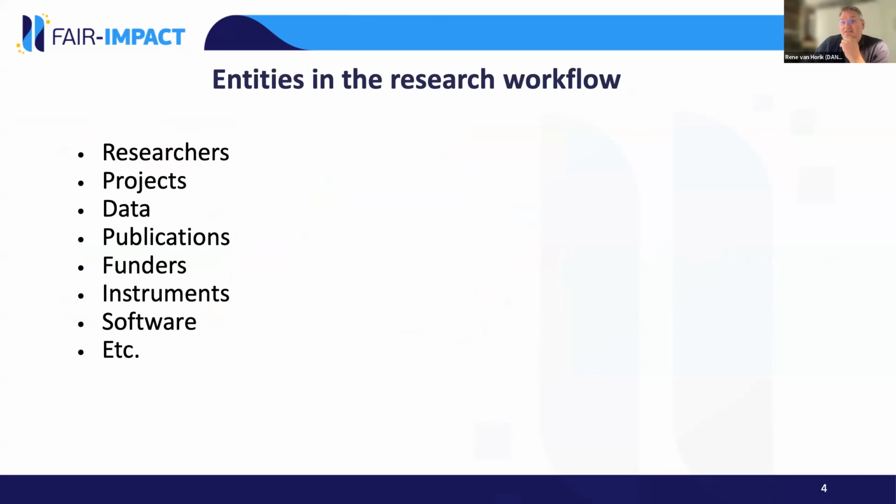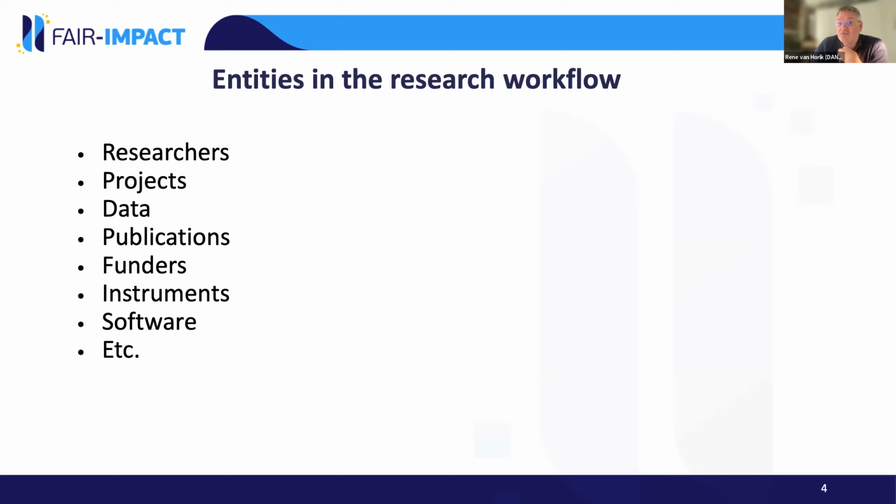Well, and then the next thing, and I build also upon the introduction of Natasha. What kind of entities do we see in our world? That is, of course, researchers. It's all human. It starts with researchers. They do projects where data are created or reused. Results are published. Also important, of course, is the funding of everything by research councils and the EU, for instance.